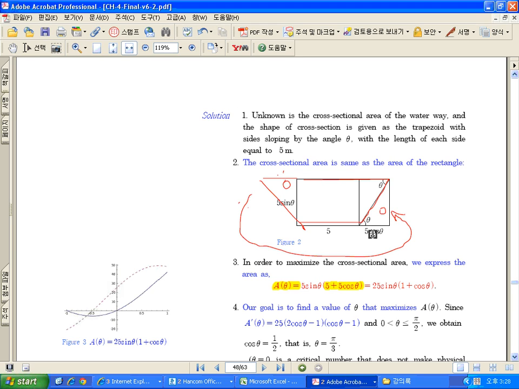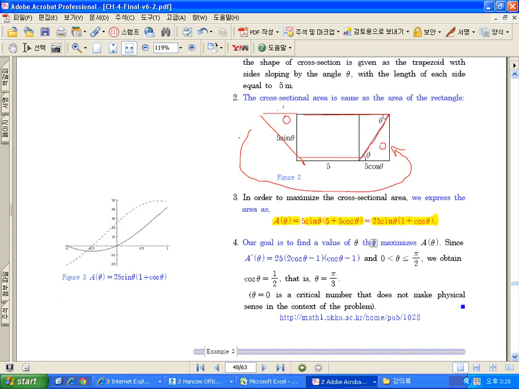What's the height? This is 5 times sine theta, which gives us the height. So height times base makes 25 sine theta times (1 plus cosine theta), which is the area of this rectangle and the area of this waterway at a certain point.